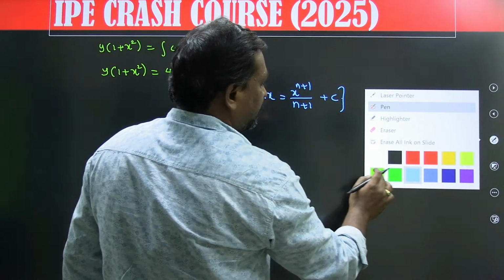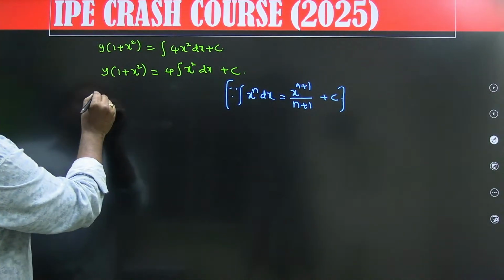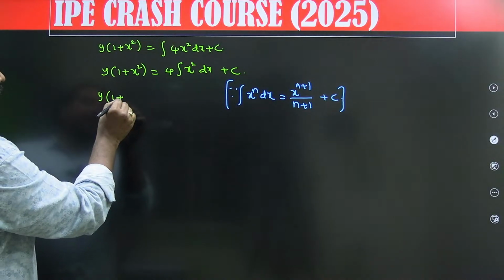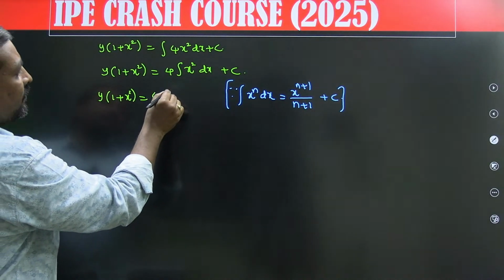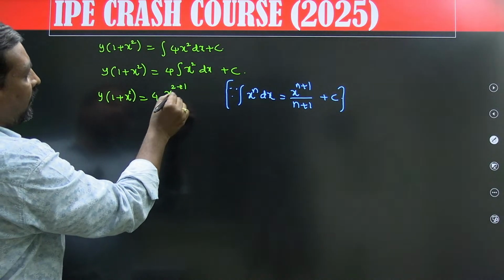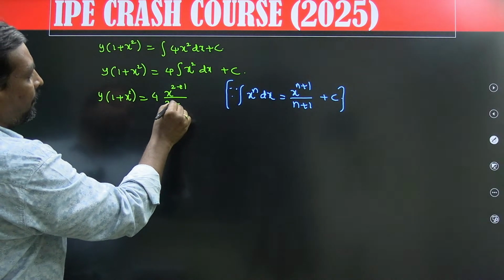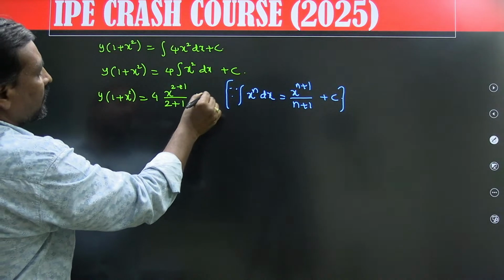So by this formula, here y into 1 plus x square is equals to 4 into x to the power of 2 plus 1 by 2 plus 1, plus constant c.